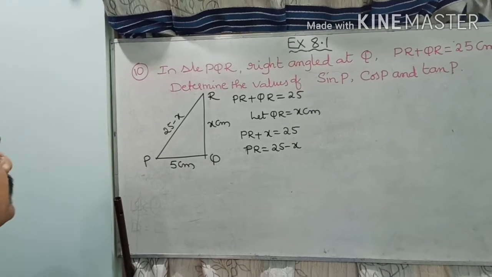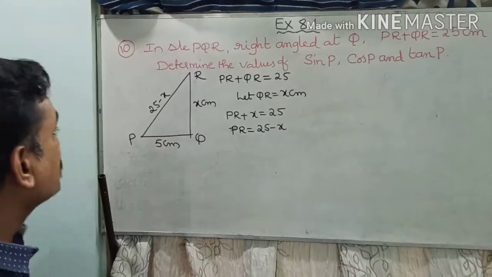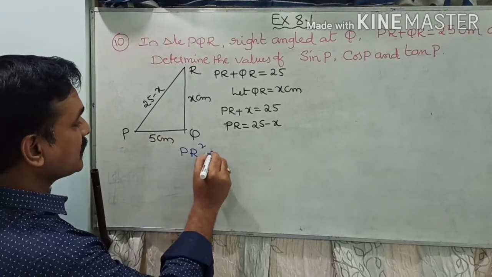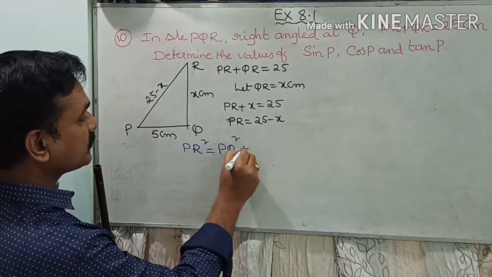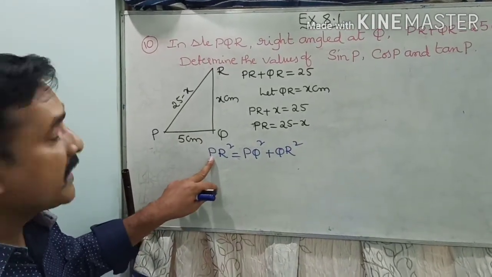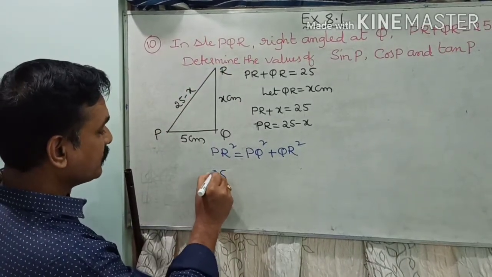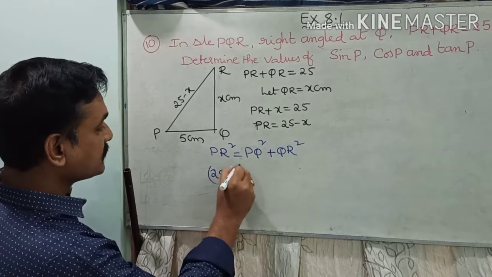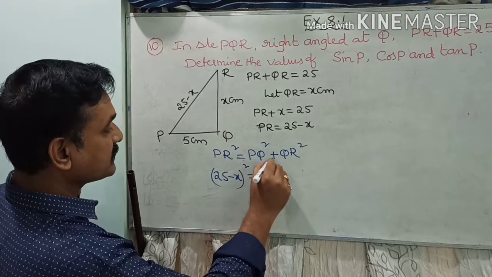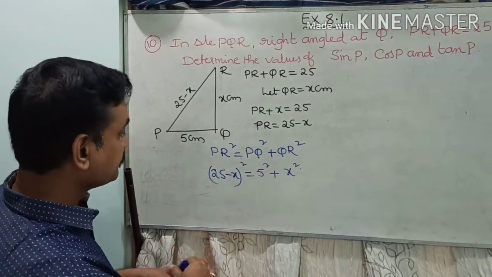Now PQR is a right angle triangle. As per the Pythagorean concept, we can take the condition PR square equals PQ square plus QR square. So PR square, replaced with (25 minus x) whole square, equals PQ square, which is 5 square, plus QR square, x square.